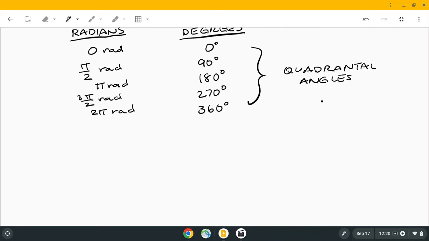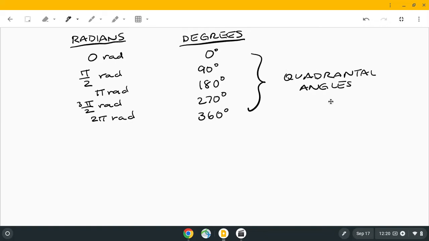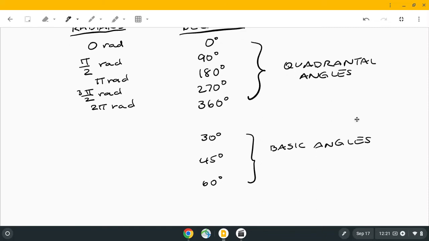Let's look at our 3 other ones: 30 degrees, 45 degrees, and 60 degrees. Let's take a look at these 3 and how many radians they are equivalent to. These are our basic angles, right? And we know the sine, cosine, and tangent of these basic angles.